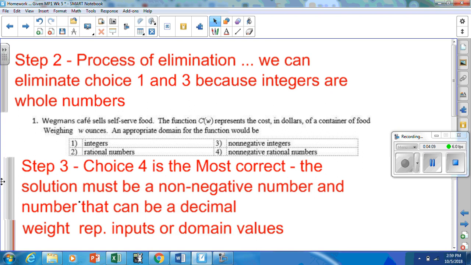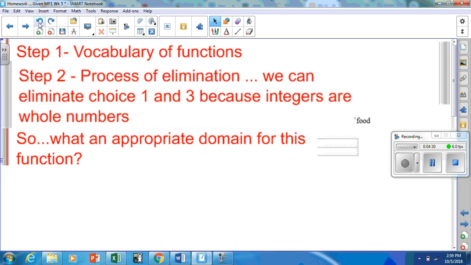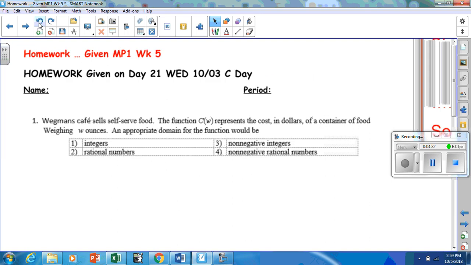Choice 4 has to be more correct because choice 2 would create a situation where I could have negative 4 ounces or negative 5 ounces. So this is a little bit of a tricky question, but really, it's a vocabulary question. That's exactly what it is, vocabulary. All right, let's consider our next question.